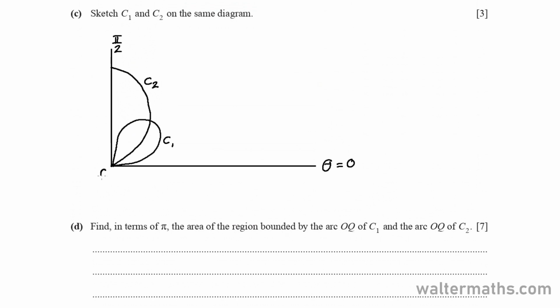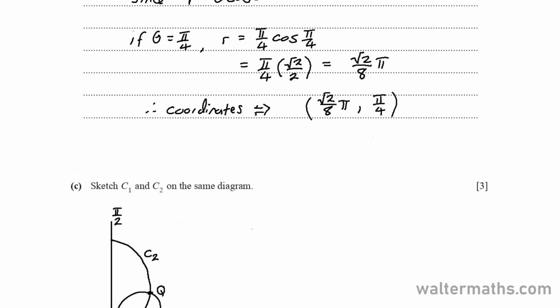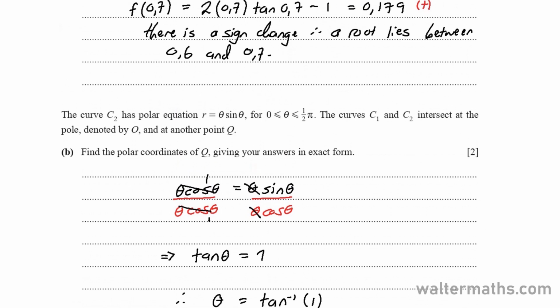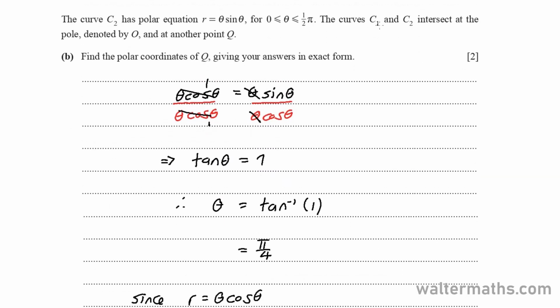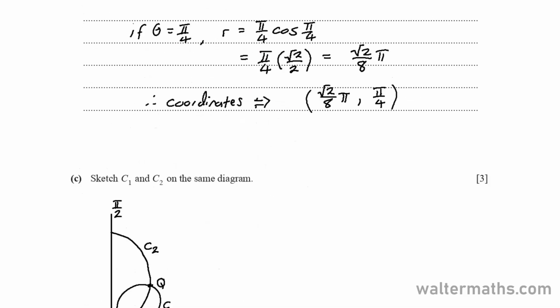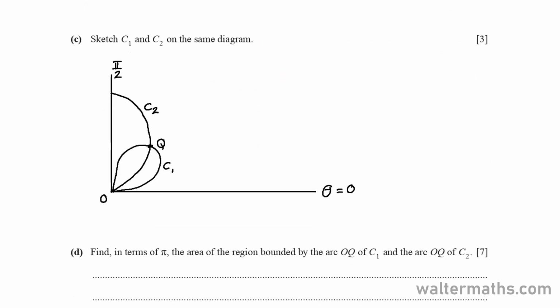So this is O, and the point Q is the point of intersection of the two curves. So Q should be this point here, according to the information we had gotten in part B, where they were saying that the curves C1 and C2 intersect at the pole denoted by O and at another point Q. So this point here is Q.